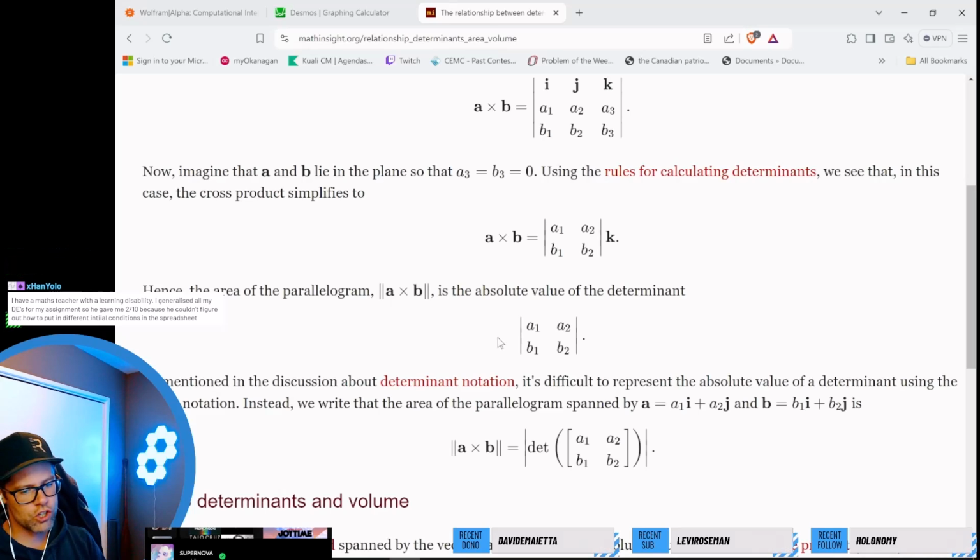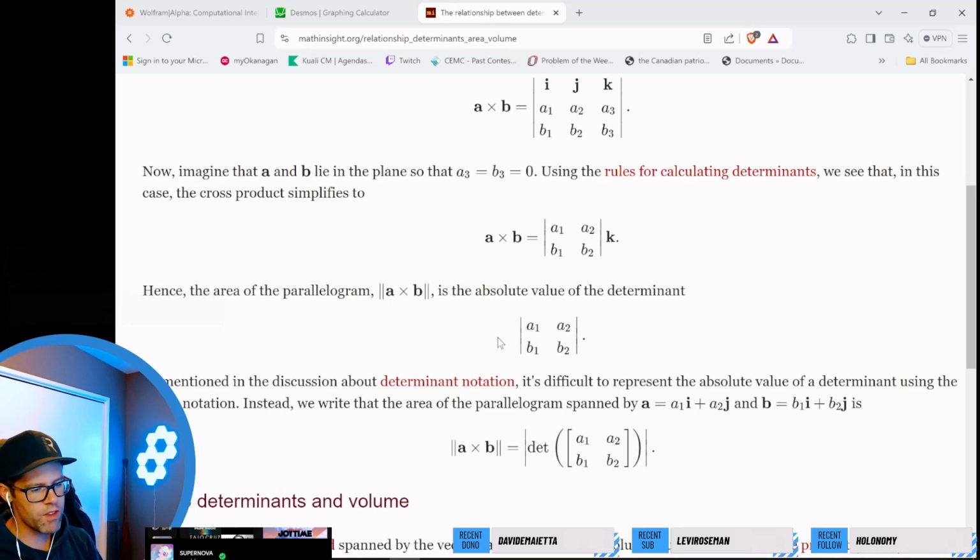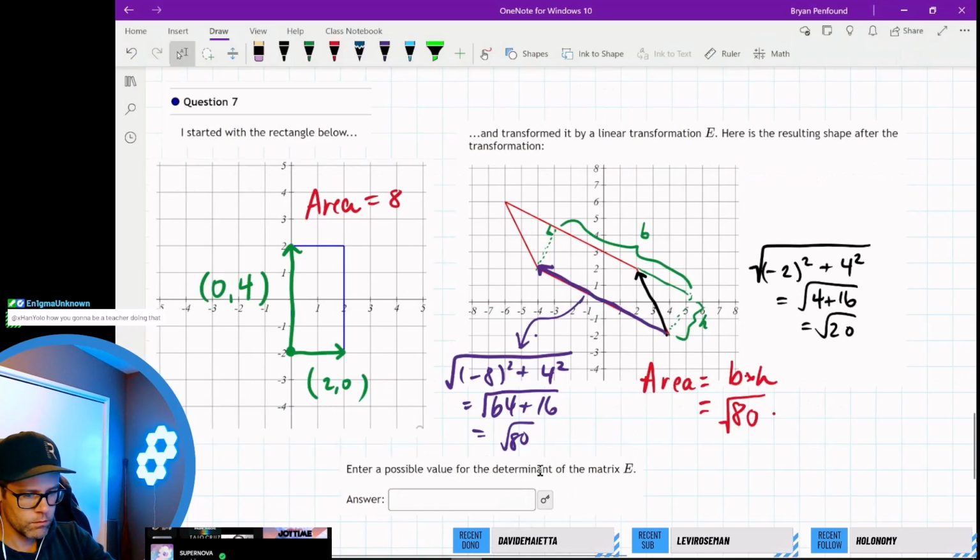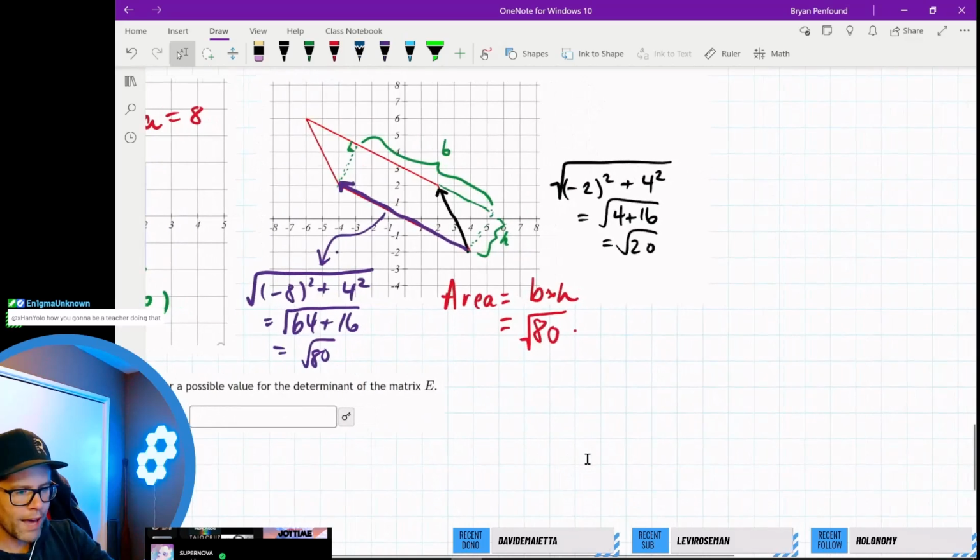Okay, so instead we write the area of the parallelogram spanned by these two vectors as the determinant of, so the vectors actually go as in rows. Okay. I'm cool with that. We had these vectors, right?